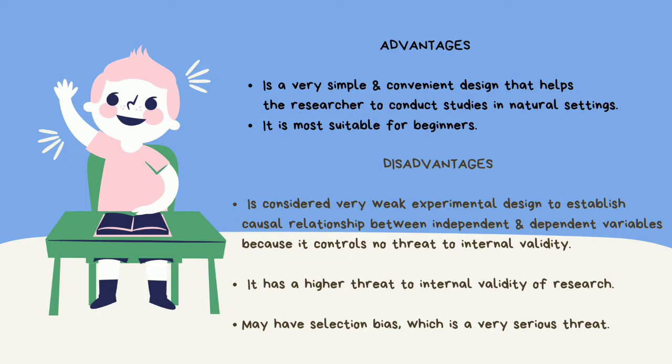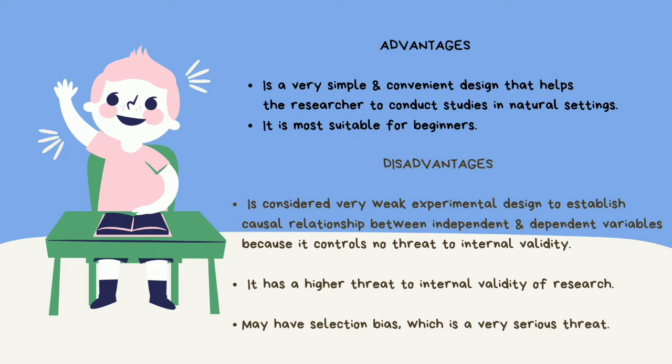So in this slide we have the advantages and disadvantages of pre-experimental designs. The advantages are that it is a very simple and convenient design that helps researchers conduct studies in natural settings. It is also most suitable for beginners.